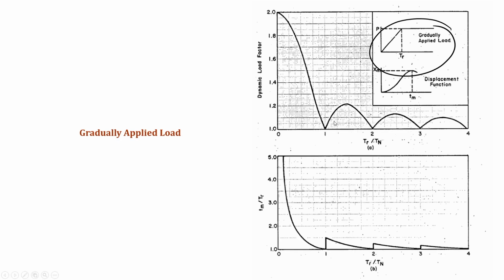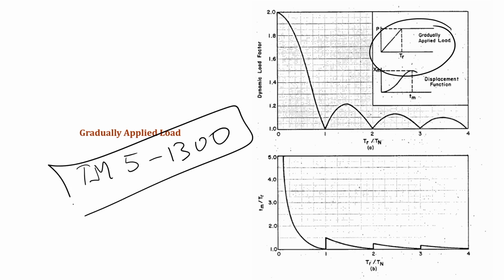In different books and different literature, we can easily find these graphs. Some of the graphs that are readily available are in TM5-1300. Here we can find different types of graphs. The same is also available in the UFC code, or in any other dynamic design books.